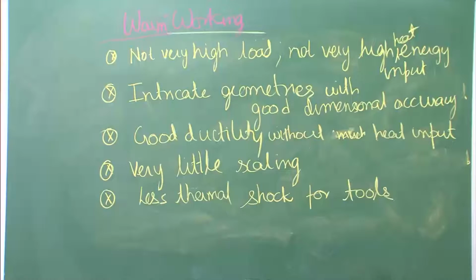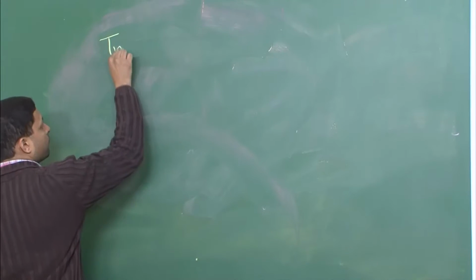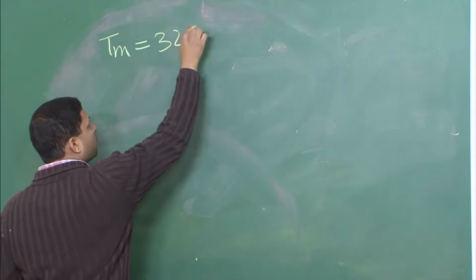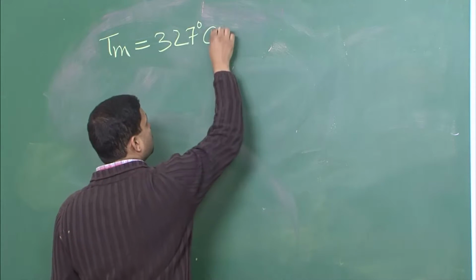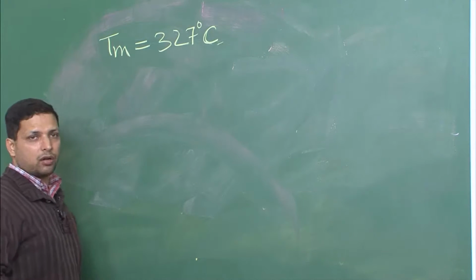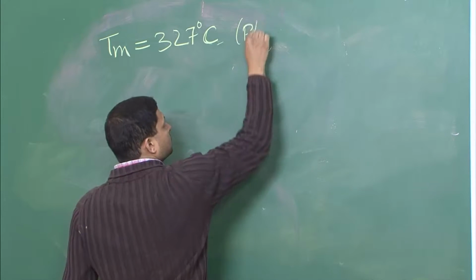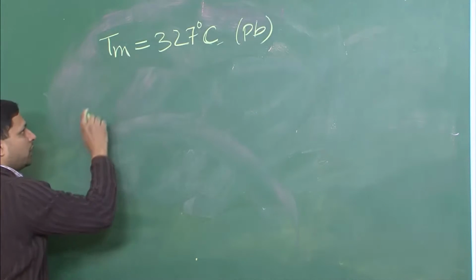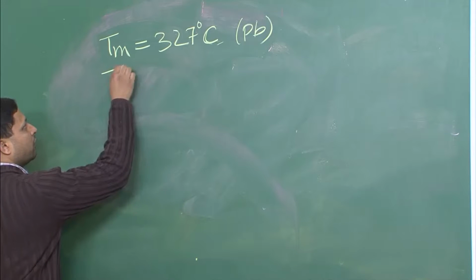So, now let us take a small example to understand what exactly is cold working and hot working. Let us take a material like lead, which has a melting point of 327 Celsius. This is the melting point temperature of lead. First thing we need to do is put it in Kelvin.